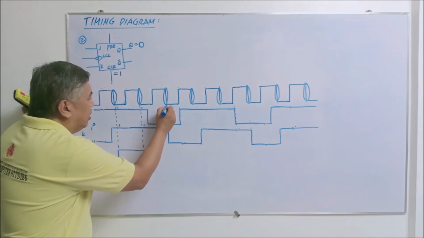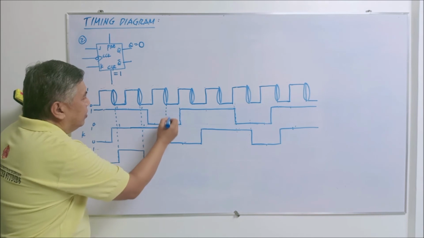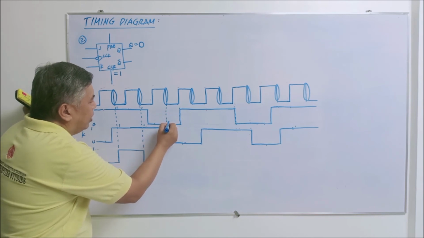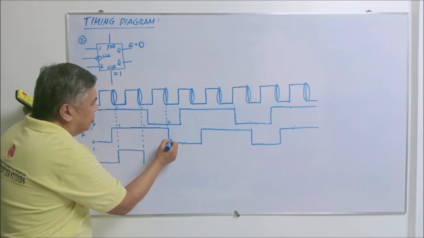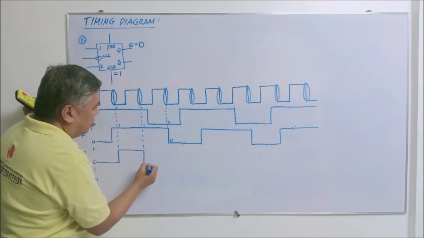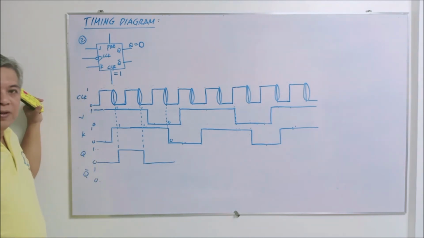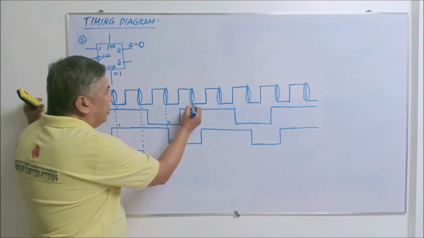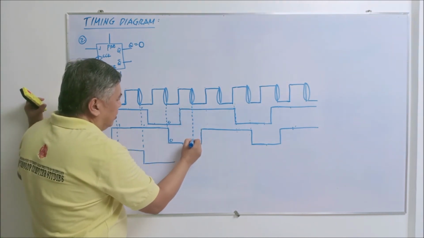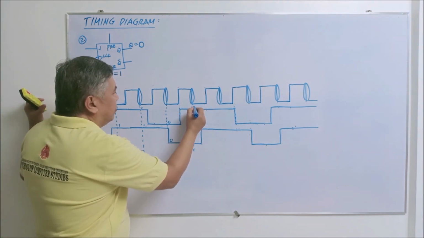Then negative triggering, you have J, K also 0. Meaning to say, no change condition from your table. Then, in here, you have negative triggering.